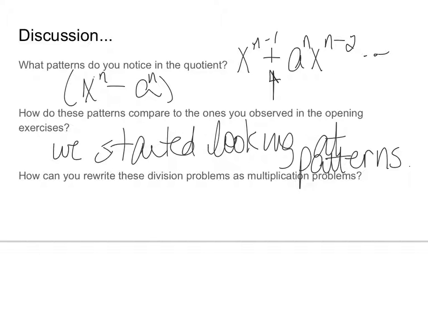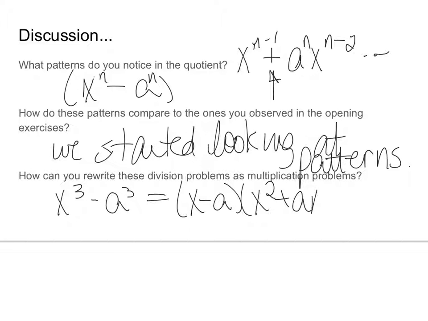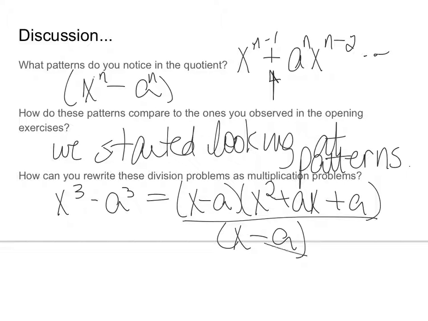Well, first of all, if we have, let's just say, x cubed minus a cubed, that equals x minus a times x squared plus ax plus a squared. We have been skipping this part on purpose only because we're dividing by x minus a. So there's really no need to write it.